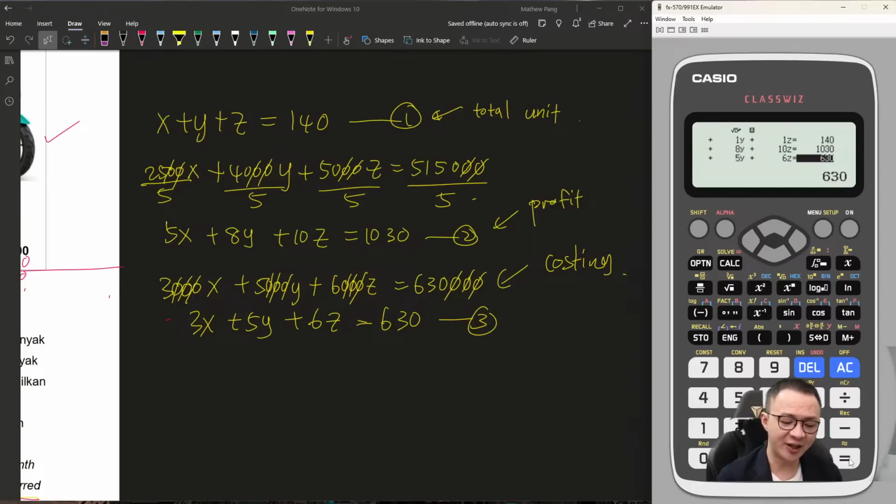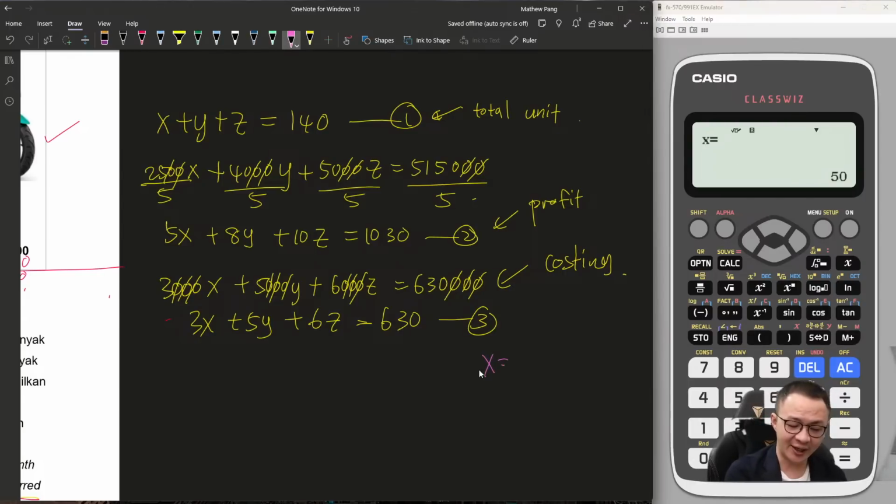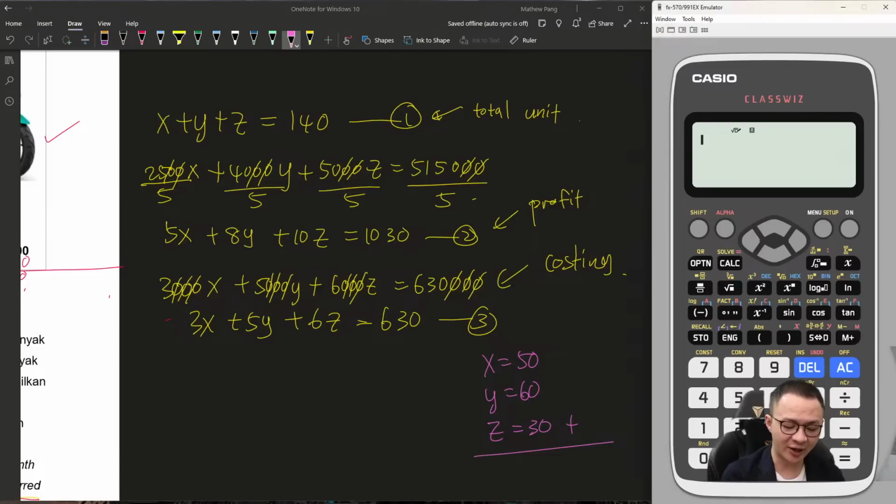If I get a very weird answer for x, y, z, then I will check my equations again. According to the answer, x I sell 50 units, y I sell 60 units, and z I sell 30 units. Normally I will add them together to see if it is 140 units. So 50 plus 60 plus 30 is 140 units. Then I assume my answer is correct here.